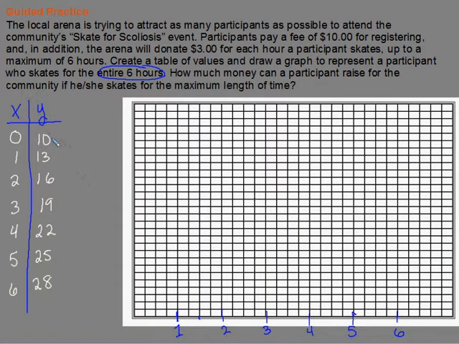Now my values on my money is between $10 and $28. I have 1, 2, 3, 4, 5, 6, 7, 8, 9. Oh, I lost my place. Okay, so I've got like 30 or so spaces, and I need 18.